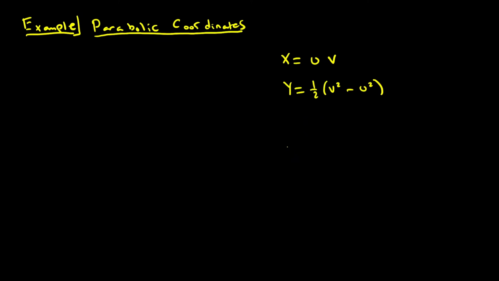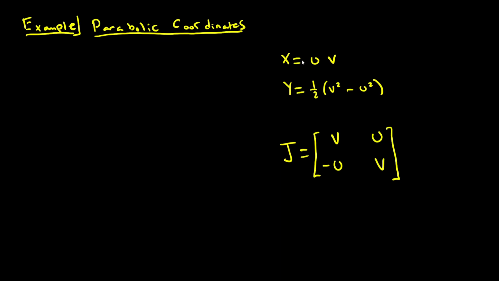Which means that the Jacobian matrix of the coordinate transformation is going to be [v, u; -u, v], because the u partial derivative of x is v, and the v partial derivative of x is u, and then the u partial derivative of y is going to be negative u, and the v partial derivative of y is going to be v. So this is the Jacobian matrix of this coordinate transformation.